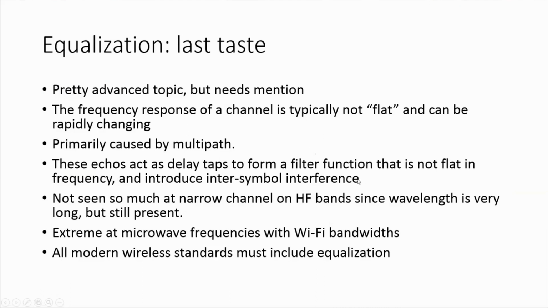So anything with more than a very small bandwidth, more than let's say a few hundred kilohertz, and the bandwidth that matters is a function of the path length. So an indoor path length, you got to be in the tens of megahertz, where the path length is impacting the channel frequency response.